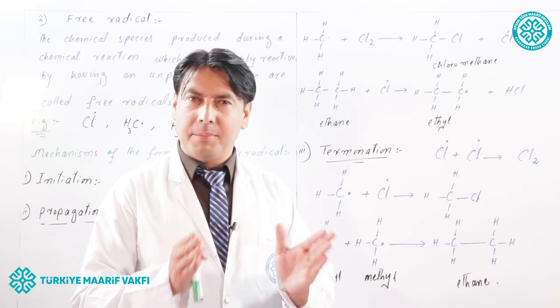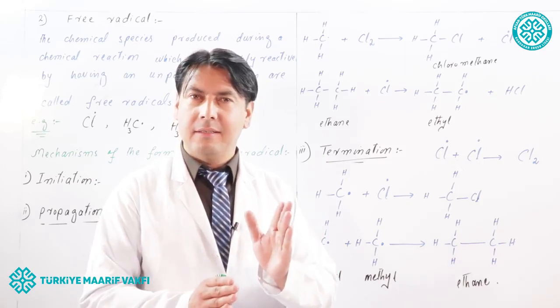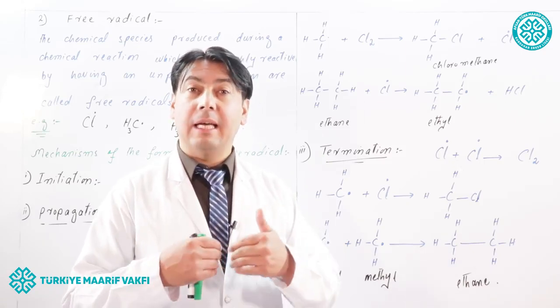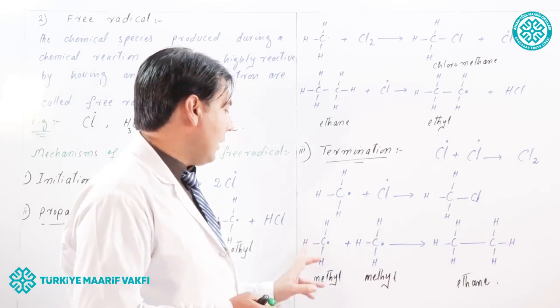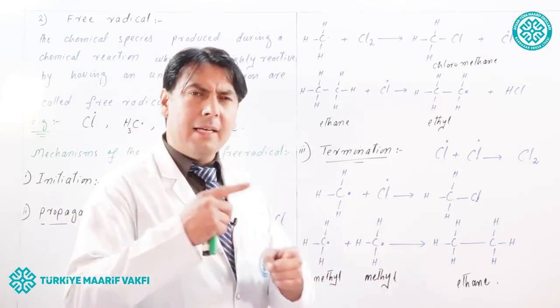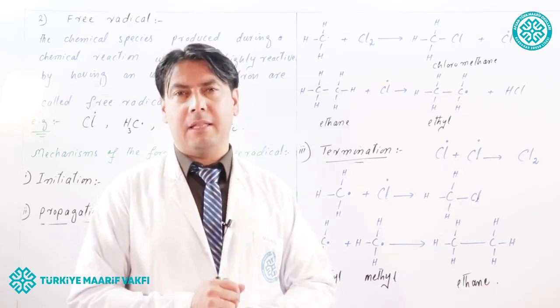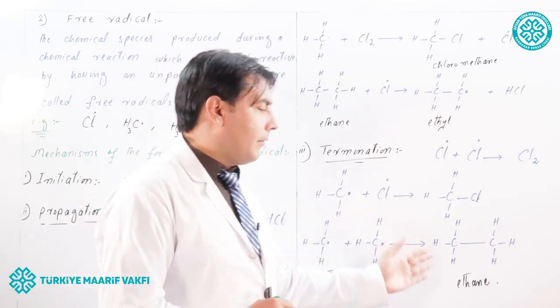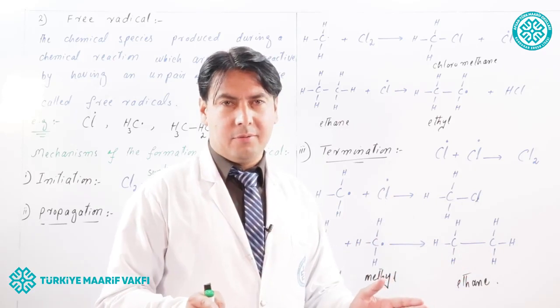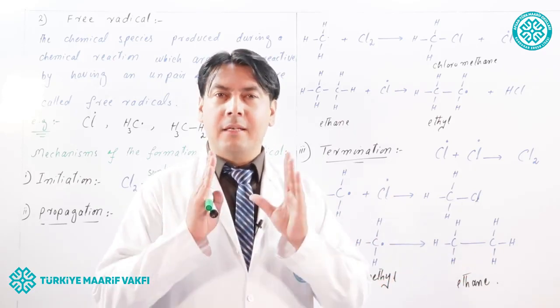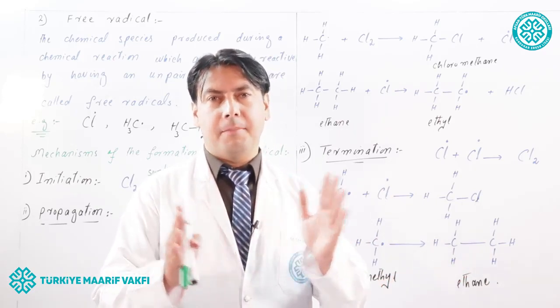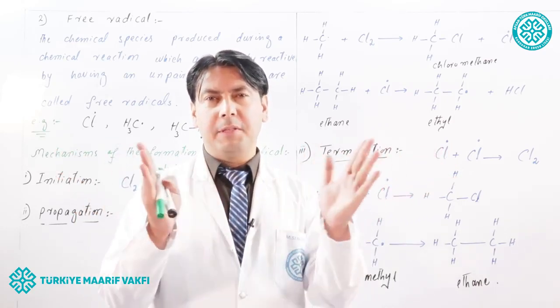So again the free radical reaction is ended. Look here, one methyl free radical can combine with another methyl free radical and they can form an ethane molecule. So the termination is based upon the combination of two free radicals.